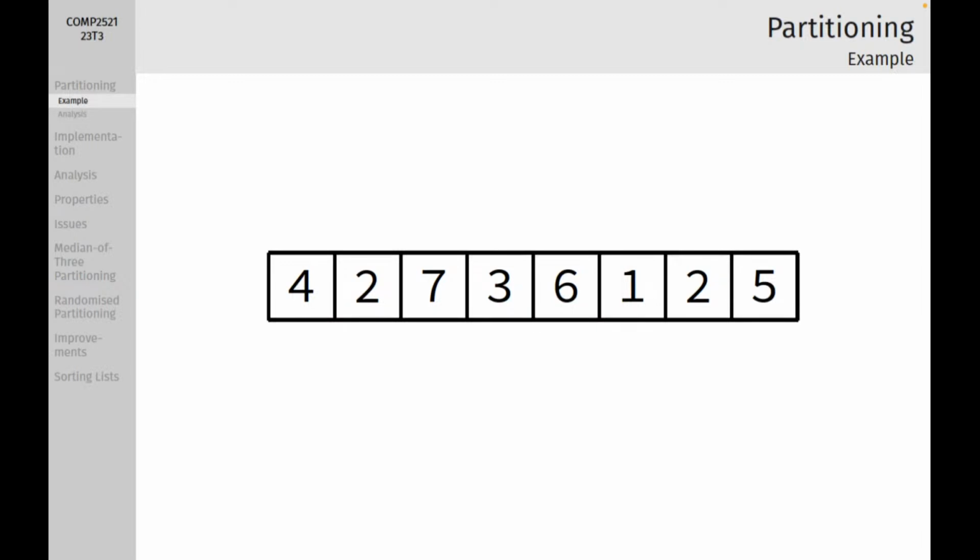So we're partitioning this array, and since 4 is the first element, 4 is chosen as the pivot. So what we do is we have two indexes, one at the start of the array and one at the end. And we're going to continue incrementing the left index while the element at that index is less than the pivot.